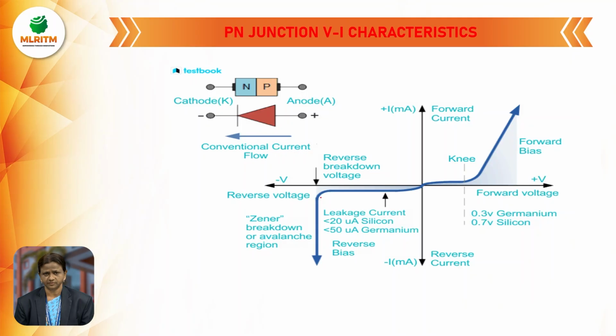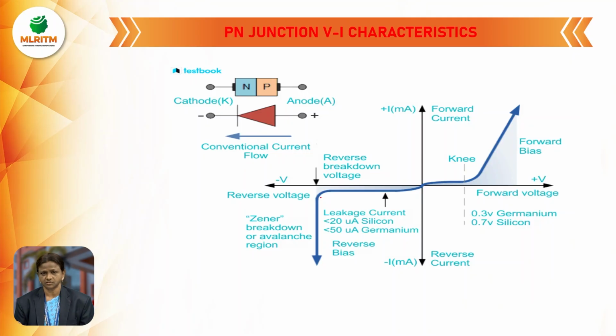As VR value increases, reverse voltage increases, velocity of charge carriers also increases. Whenever velocity of that electron increases, kinetic energy, half m v squared, also increases. Whenever kinetic energy increases, with that much energy the electron collides with a neighbor atom.